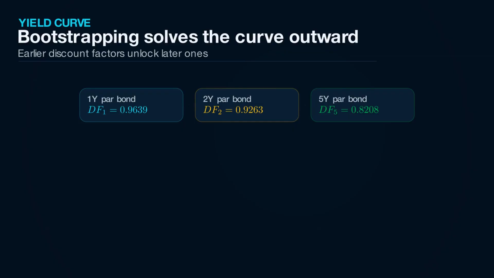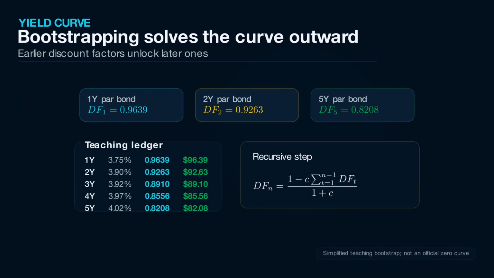In a simplified annual coupon example, using the Treasury par curve, the 1-year discount factor is about 0.9639, the 2-year discount factor is about 0.9263, and the 5-year discount factor is about 0.8208. Translation: $100 in 5 years is worth about $82 today, before adding credit risk, liquidity risk, or option risk.